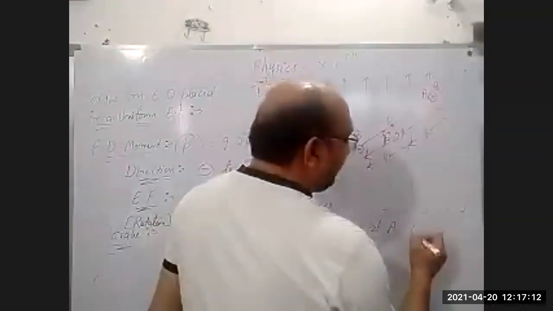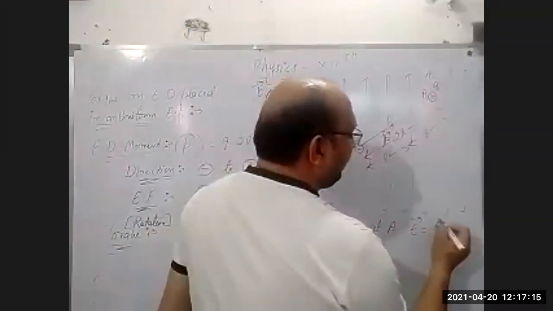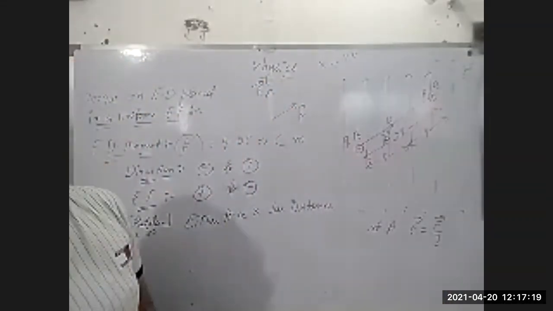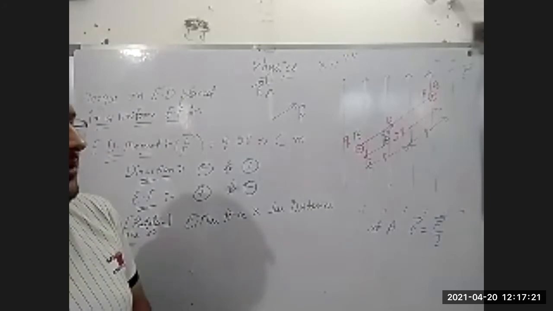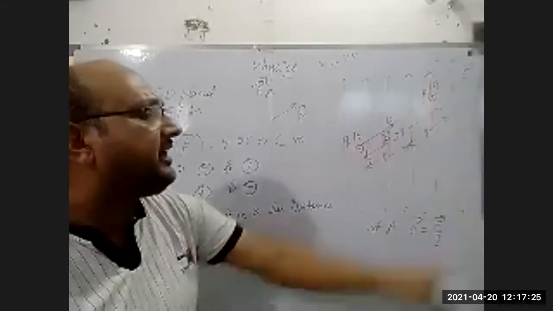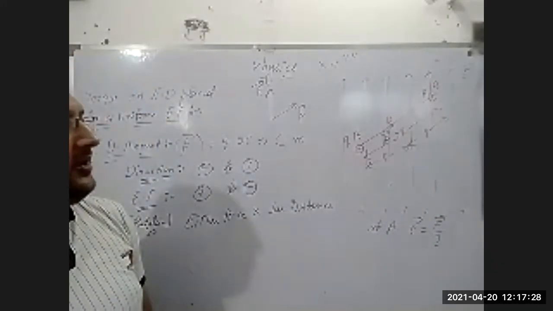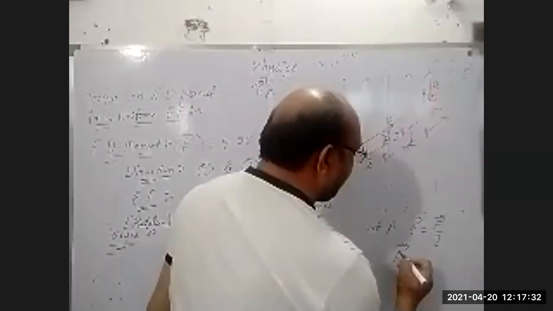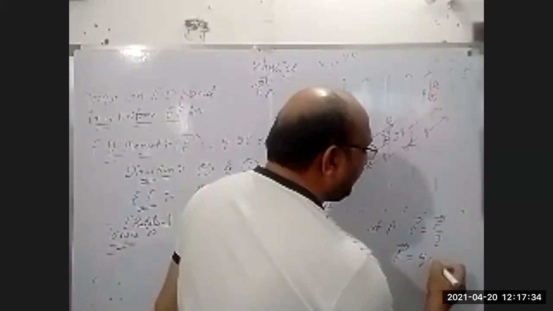We know that in the case of an electric field, we calculate the electric field by taking the ratio of force to charge. You know very well, the electric field can be calculated by this. This is the formula between electric field, force and charge. By using this formula, you can write it this way: F is equal to QE.